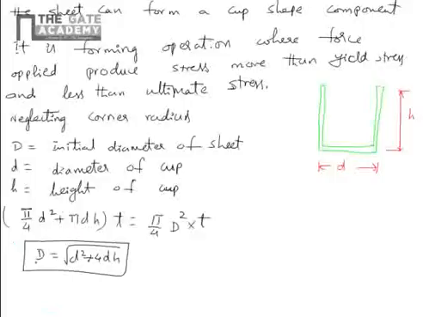Take question number 17, GATE 2003. A shell of 100 mm diameter and 100 mm height with corner radius of 0.4 mm is to be produced by cup drawing. The required blank diameter is?